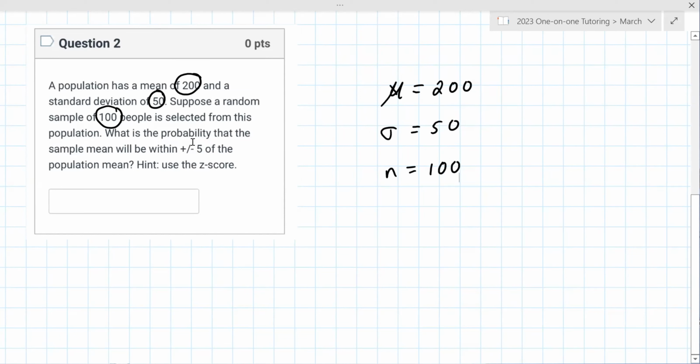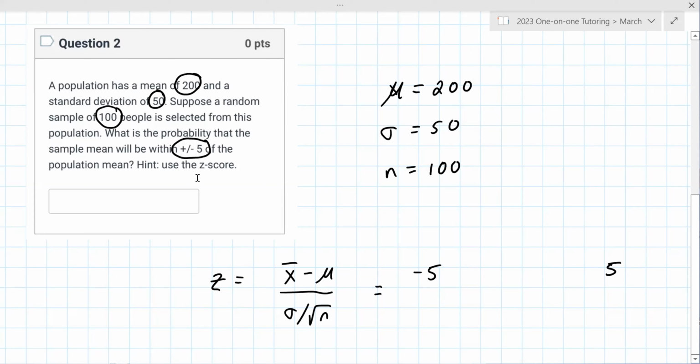Yeah, I get that. Okay, so they're asking what is the probability that the sample mean will be within plus or minus 5 of the population mean. You've probably seen that z equals X bar minus mu over sigma divided by the square root of n. The numerator becomes -5 in one case and +5 in the other.